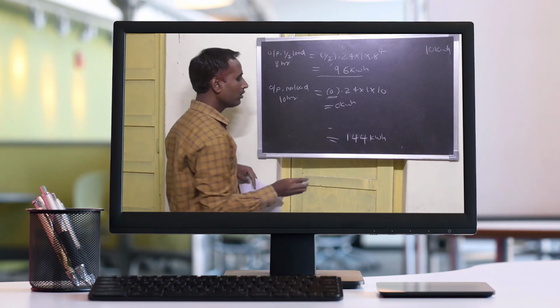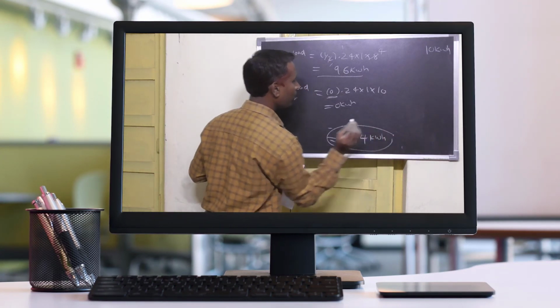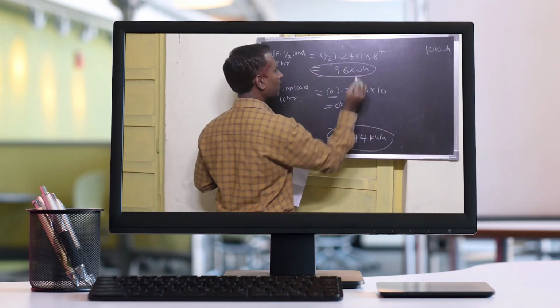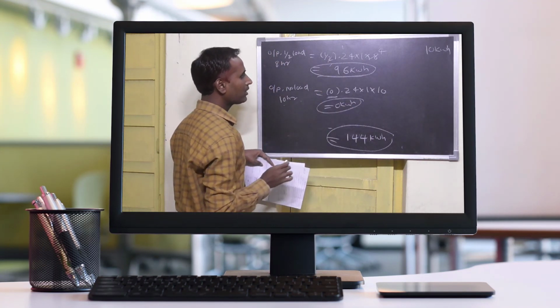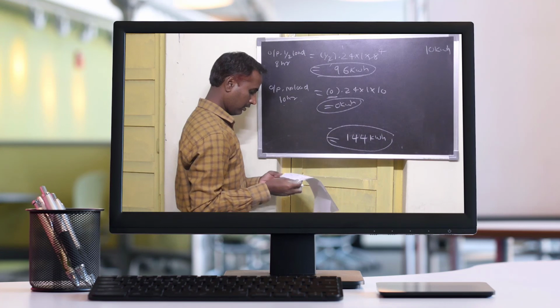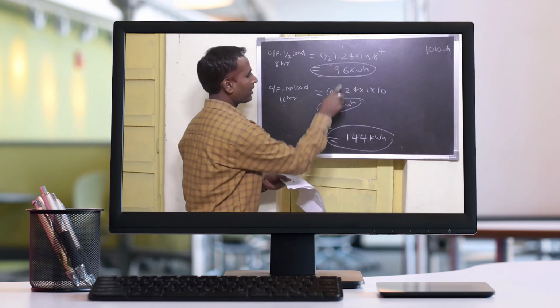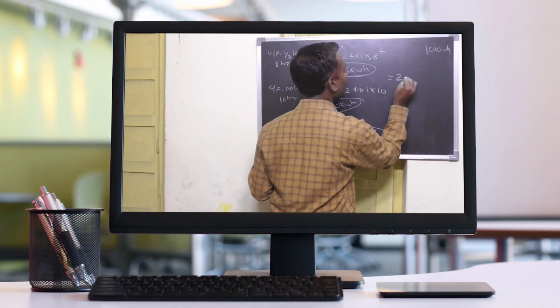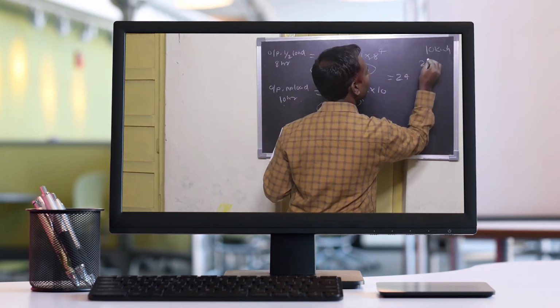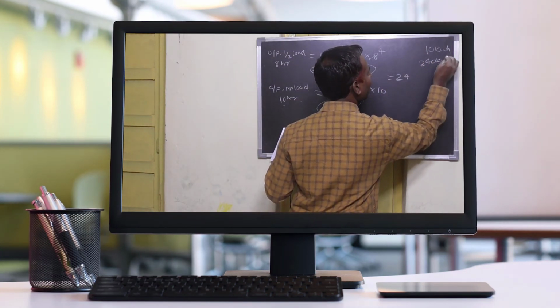This is the first output, the second output, and the third output. If I add this, 144 plus 96 plus 0, I will get 240 kilowatt hour.